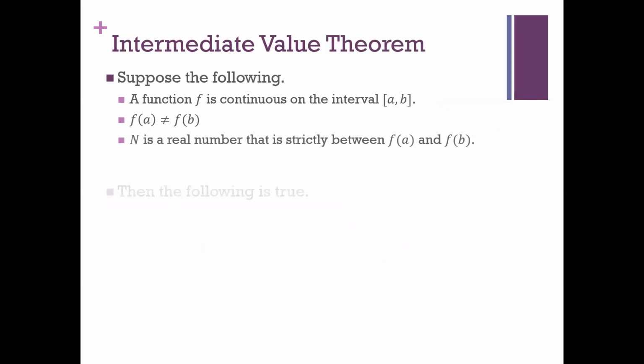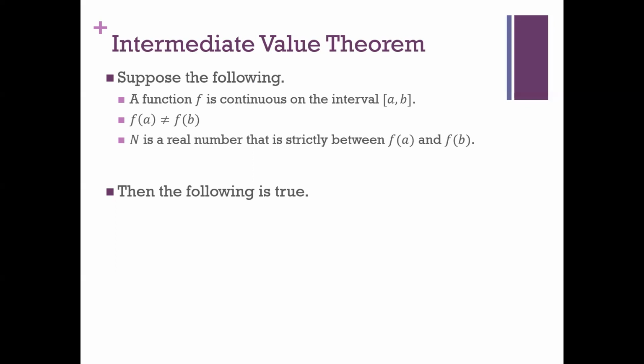So here are my 3 conditions. I have a function that's continuous on some closed interval. The ends of those intervals have to be different. And I have some number that's in between whatever those 2 values are.